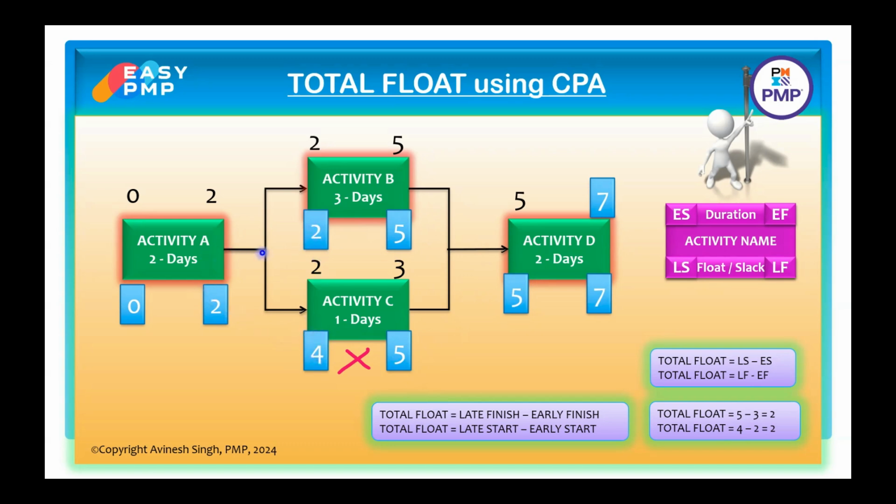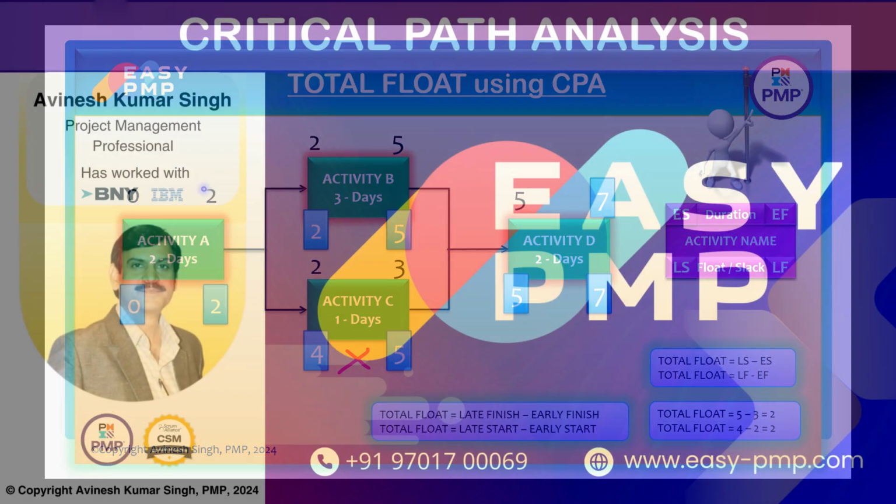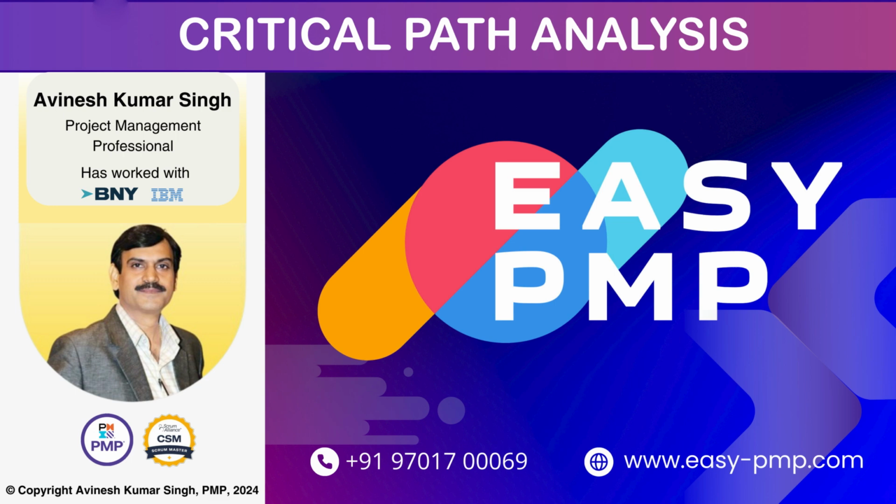In a backward pass, we have to carry forward the smallest value. So out of 2 and 4, we carry forward 2, and 2 minus 2 is 0. I tell you this quickly because in the exam we don't have so much time to analyze. We can do it like this and then apply the formula to get the total float and know the critical path and non-critical path.